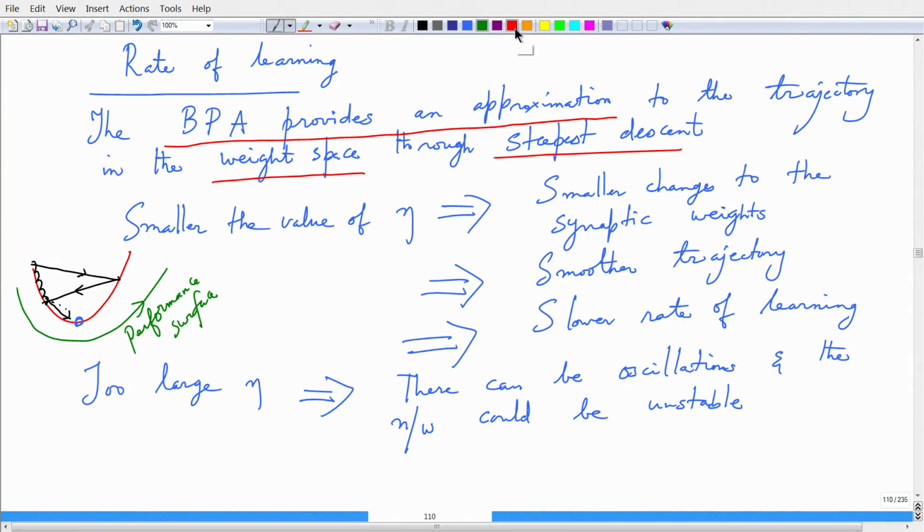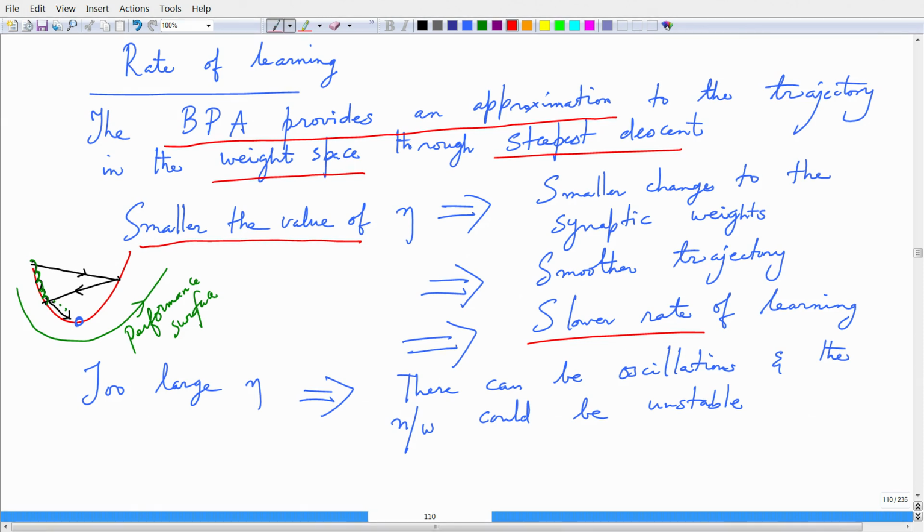I will indicate it possibly in green. You take small steps like this. If eta is small, you go through small steps to reach the bottom of the bowl, and the trajectory is also smooth because you are taking baby steps, but you have a slower rate of learning. That is the consequence of choosing a smaller value of eta.